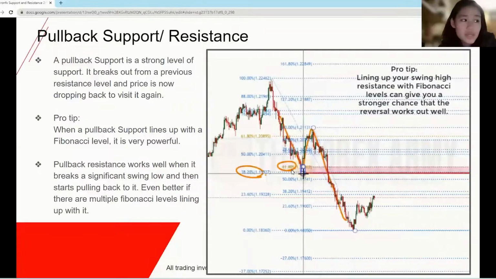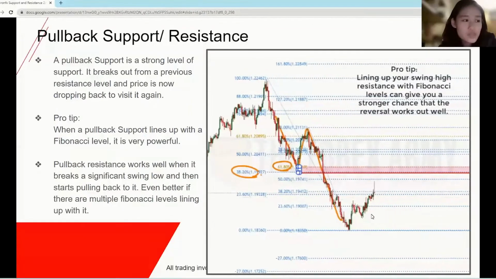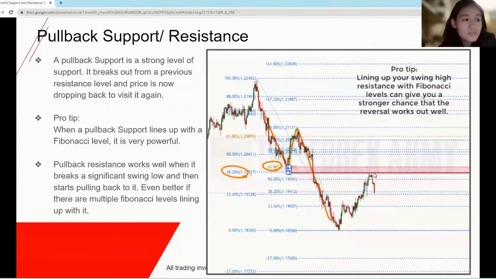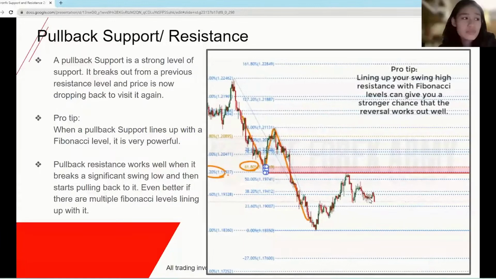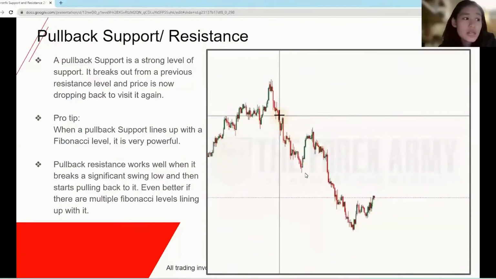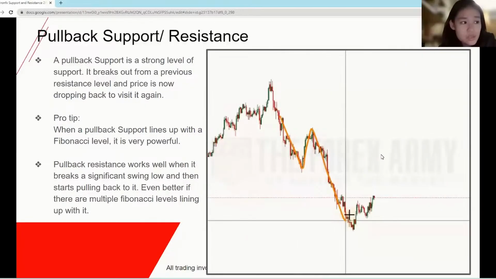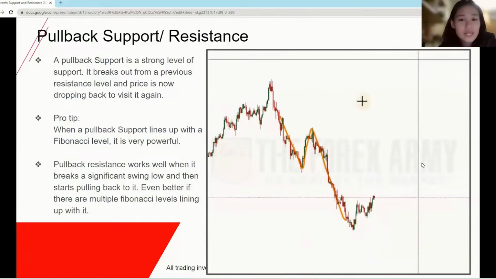And so what happens is that we are expecting price to pull back or retrace back to the same level here. But once it retraces, we can also expect it to reverse off of it. Why? Because there is a large area of Fibonacci confluence because of the two levels that line up nicely.